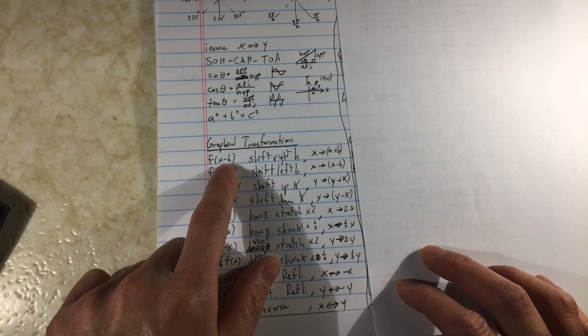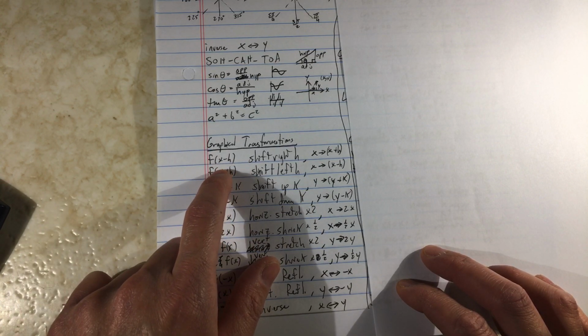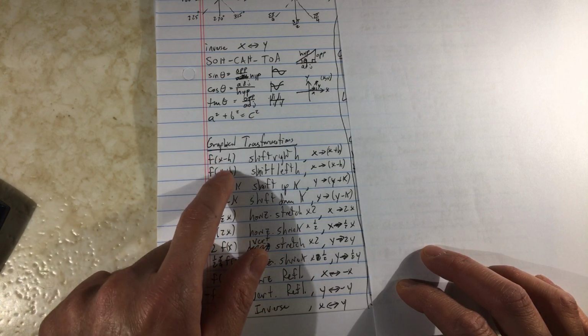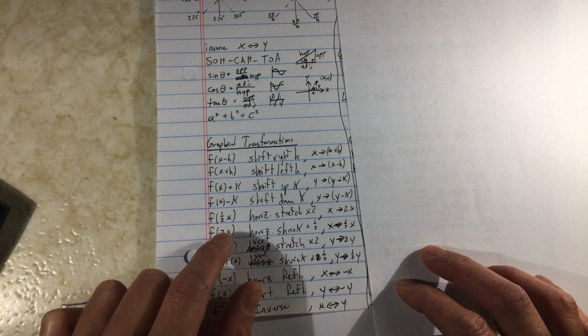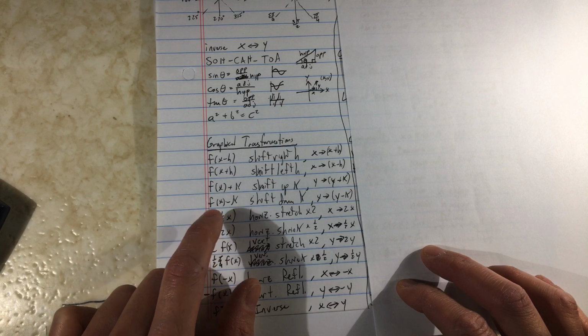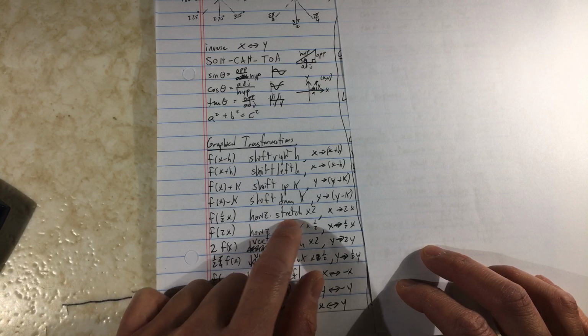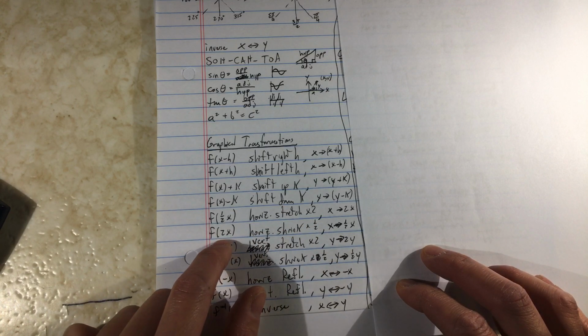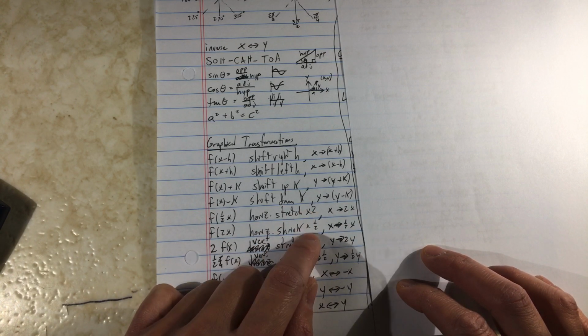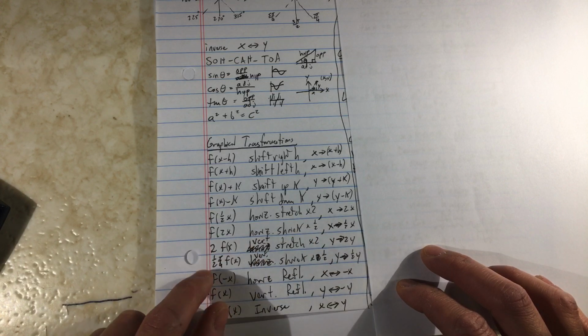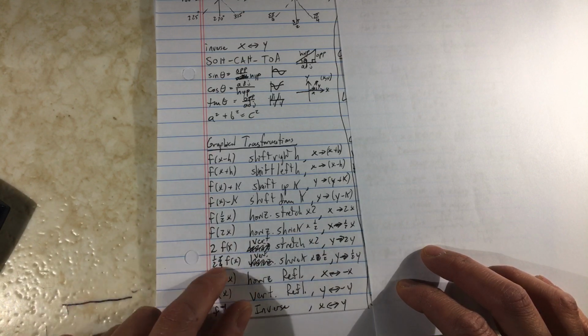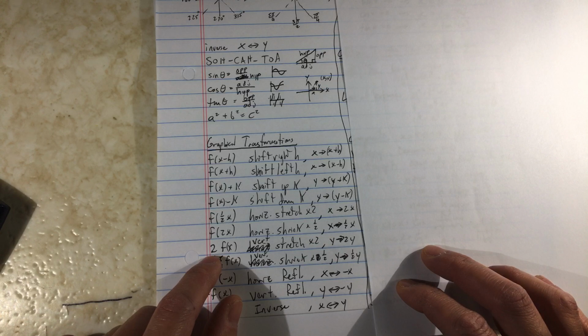Let me point out again that the rules for x and y are reversed in terms of minus and positive. So horizontal, 1/2 x inside the function is a horizontal stretch. 2x is a horizontal shrink by 1/2. That's inside the function, that's horizontal. And if it's outside, it's vertical.